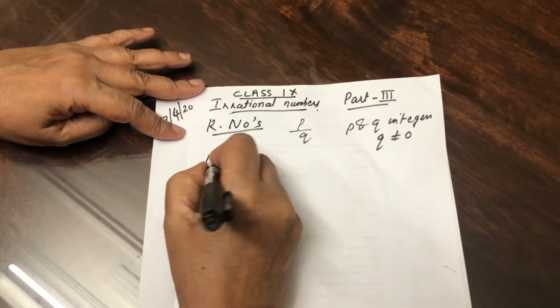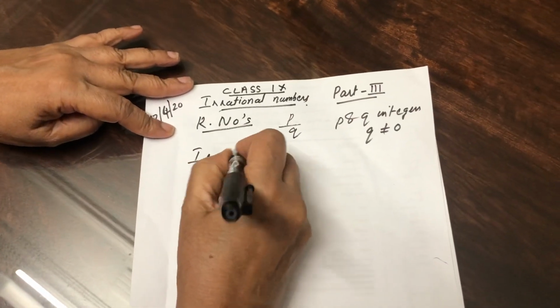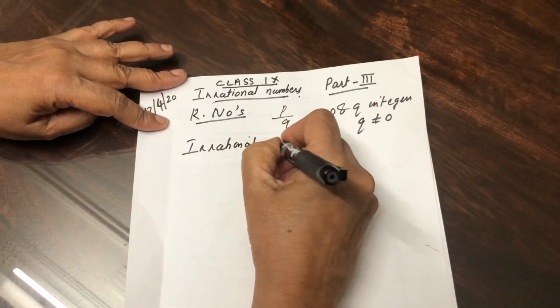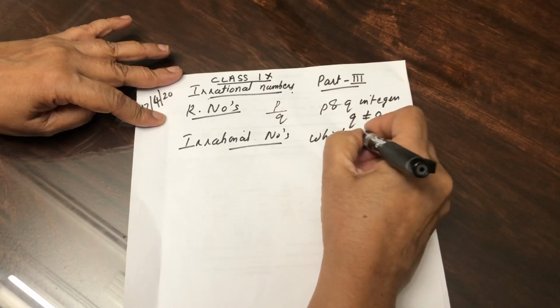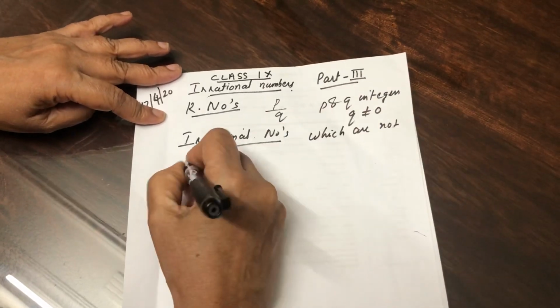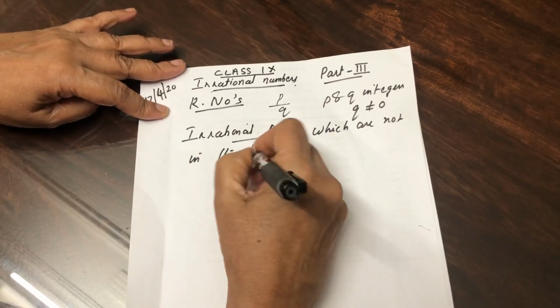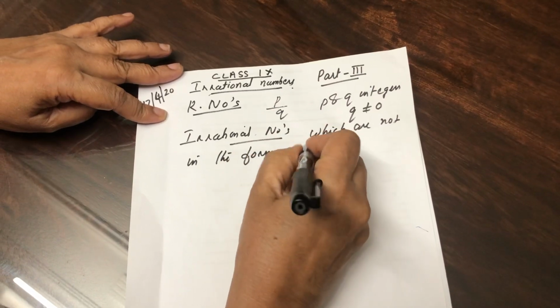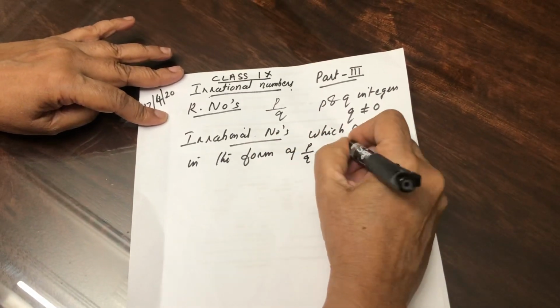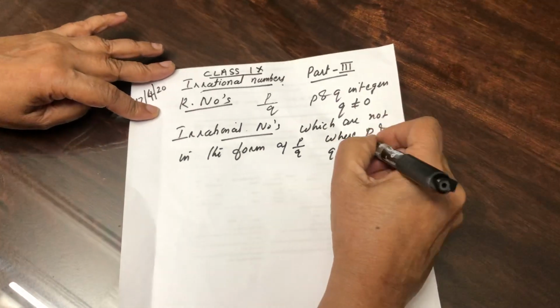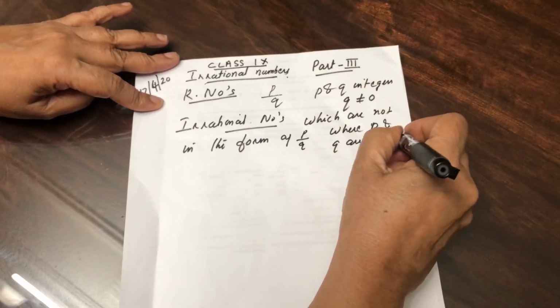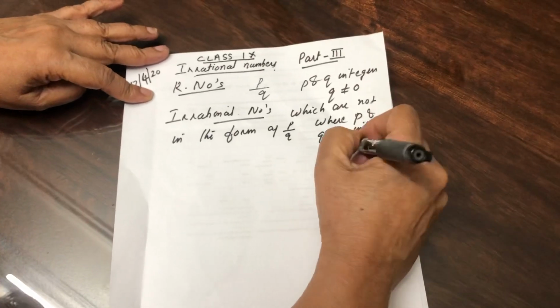Now you have to learn irrational numbers. Irrational numbers are the numbers which are not in the form of p by q, where p and q are integers and q is not equal to 0.